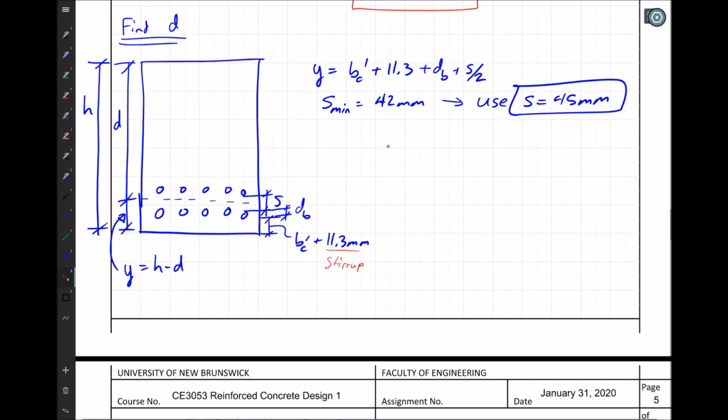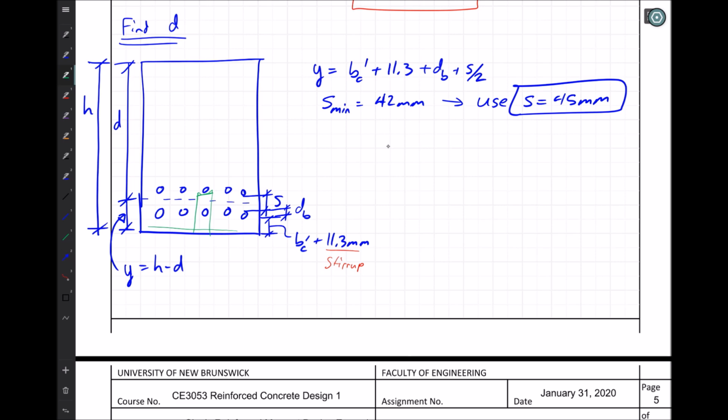Now, another thing to note is that when these bars are placed, they're often placed by putting either a plastic or a ceramic or masonry type rebar chair down that sits on the bottom of the form, and then all the bars sit on top of that.